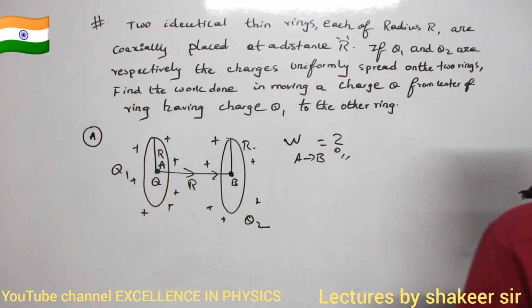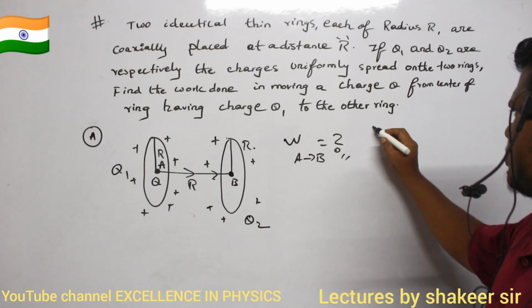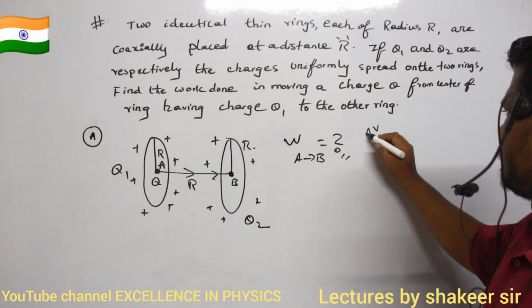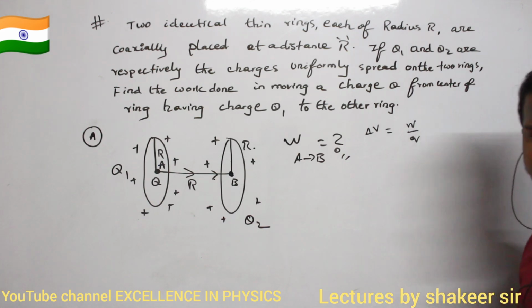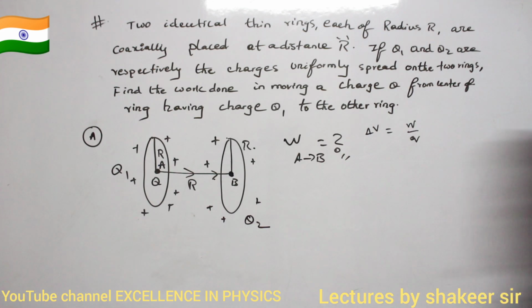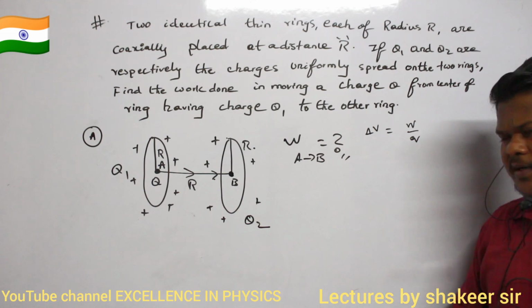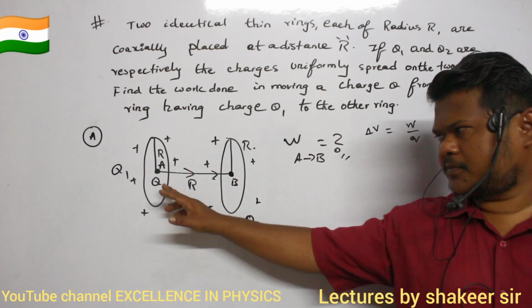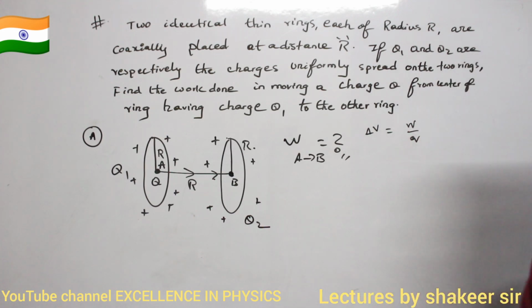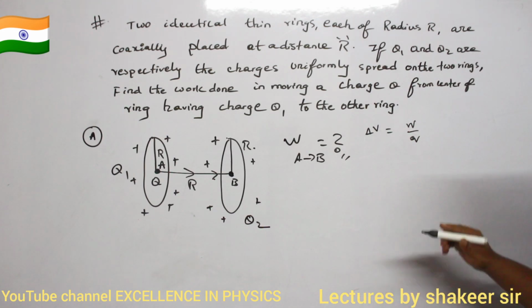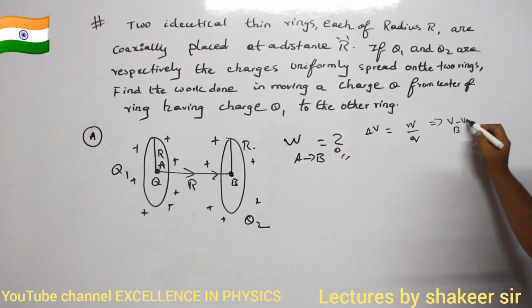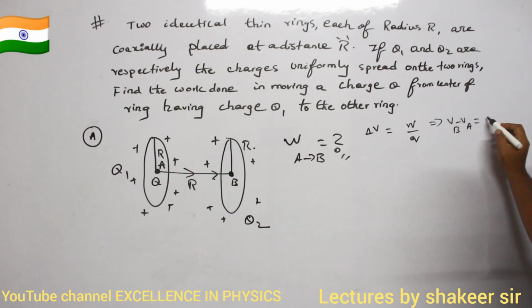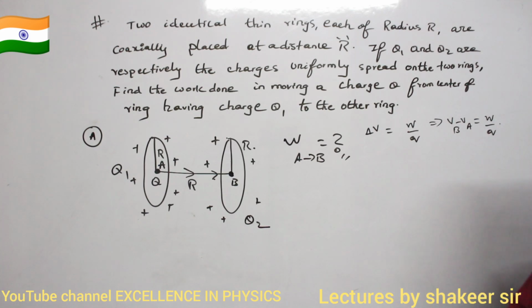Potential difference is equal to work done per unit charge. We are moving the charge from A to B, so I want the potential difference between B and A. Therefore, the same equation: VB minus VA is equal to work done per unit charge.